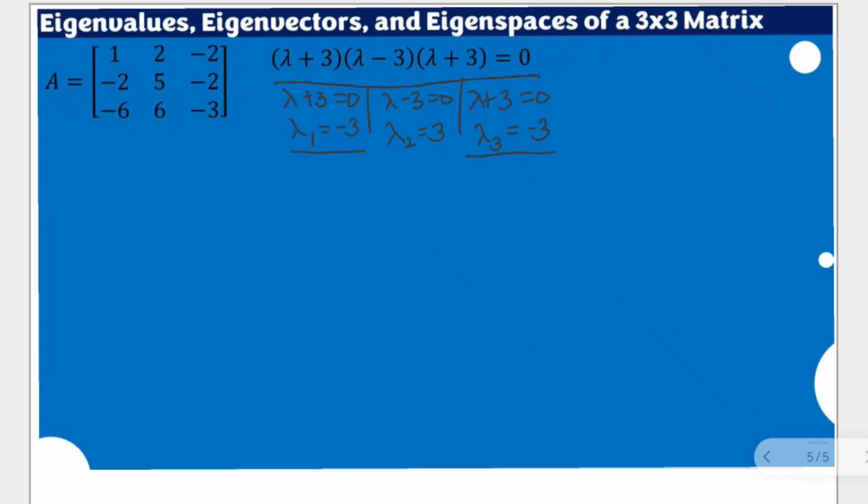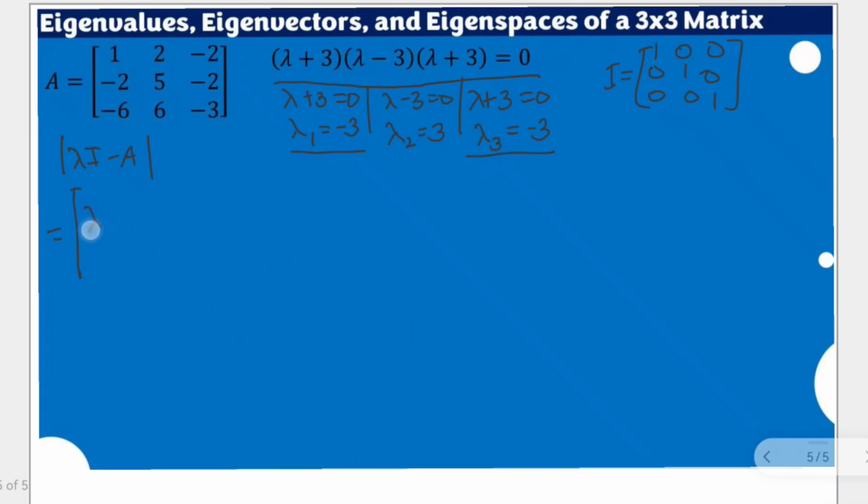So the next thing is to return to this expression, lambda I minus A, where I is the identity matrix of a 3x3 matrix: 1, 0, 0, 0, 1, 0, 0, 0, 1.